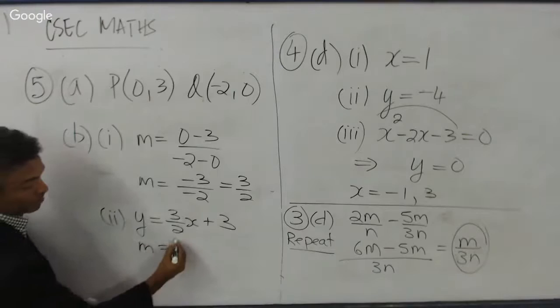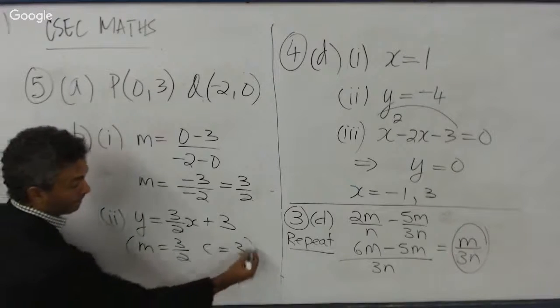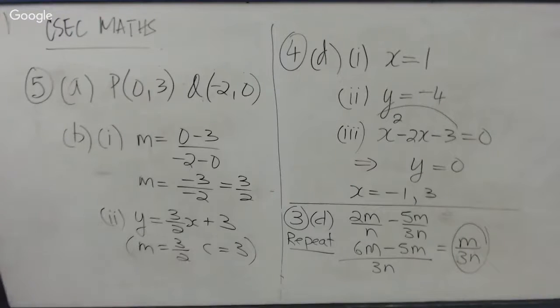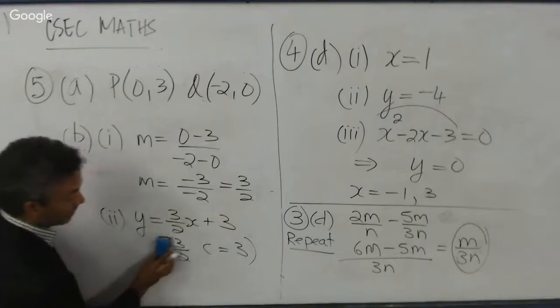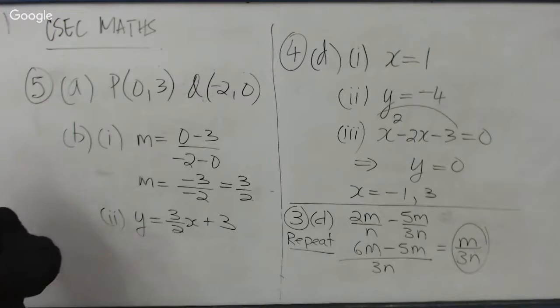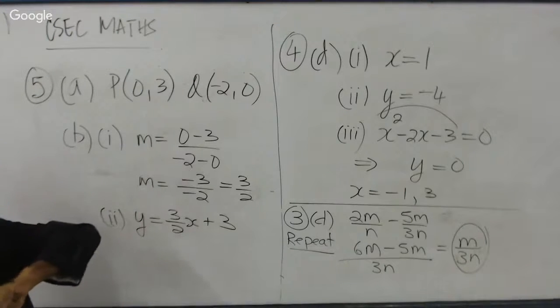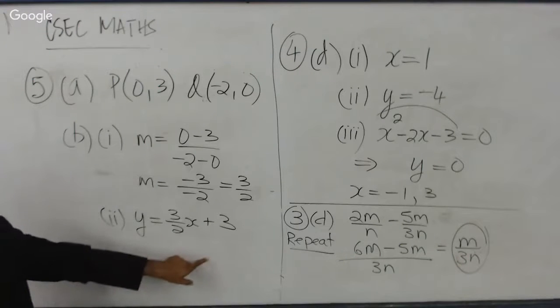M is 3 over 2 and c is 3. C is in the equation y equal mx plus c. C is the y-intercept, which means where the graph meets the y-axis. So if you know where the graph meets the y-axis, you could just write down the equation of the line.